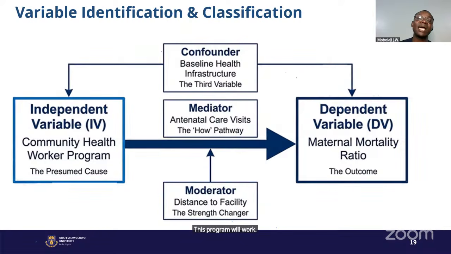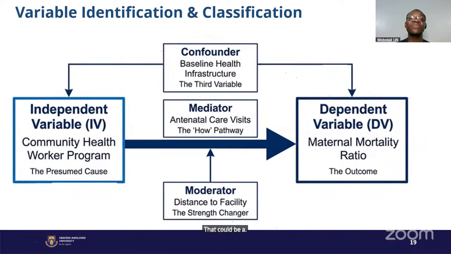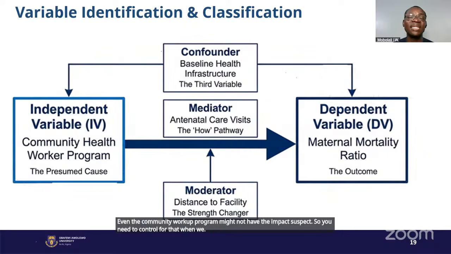Maybe like antenatal care service utilization. That could be a pathway, because if antenatal care service utilization is low, even the community health worker program might not have the impact that is expected. So we need to control for that when we are designing the kind of study.